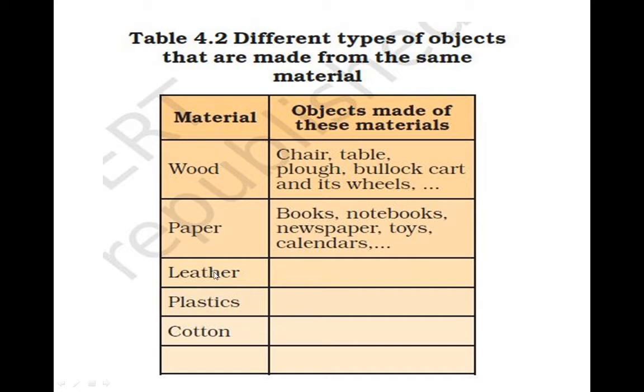From leather, which objects can we make, that you have to write here in front of leather. Then from plastics, the things that are made up of plastic, you have to write here. And cotton. I hope you can fill that table properly.